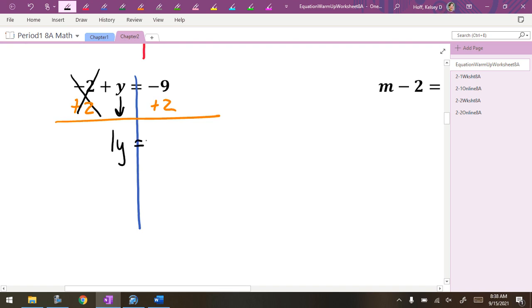Now don't shout. Type this in your calculator. Negative 9 plus 2. Don't shout it. Just type it in. Negative 9 plus 2 is negative 7.